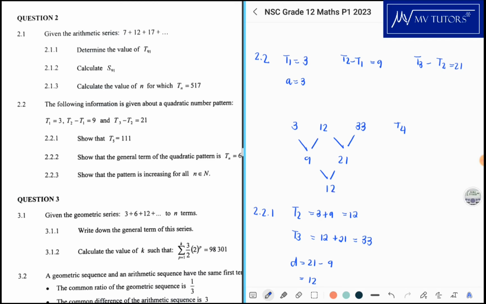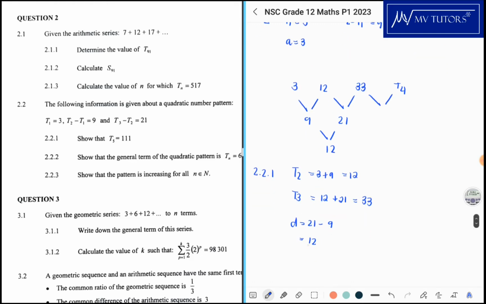So then I know that the common difference is 12. So now, for me to go from term 3 to term 4, term 4 would be equal to 21. No, not 21. I would then say the common difference is 12, all right? So 21 plus 12 is actually 33. Now to get term 4, I would say 33 plus 33, and that would give me 66. So I know term 4 is 66.